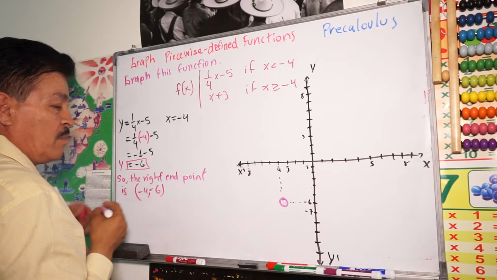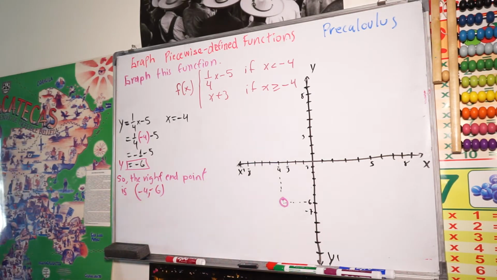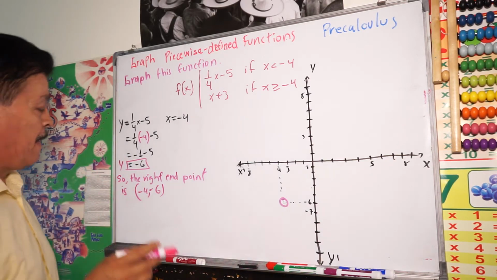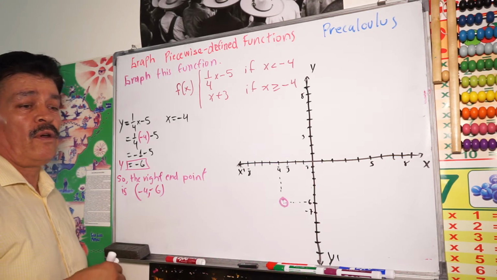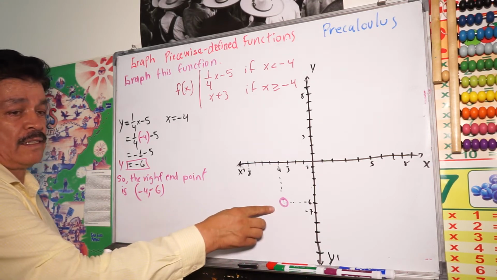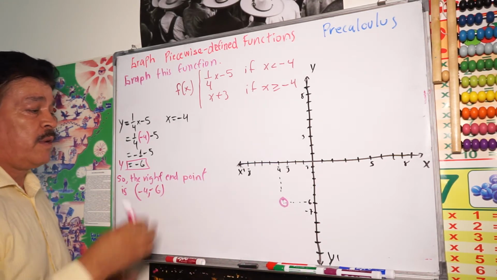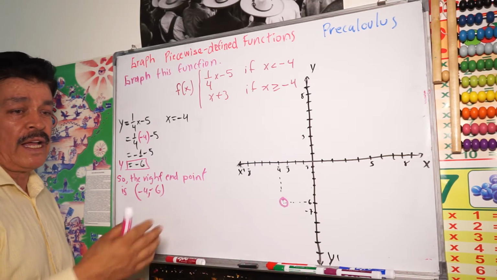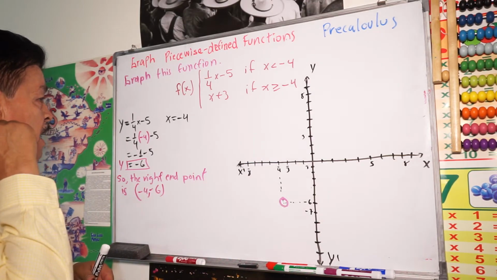So the point is open. Now we have plotted the endpoint right here. We have to find the other point.